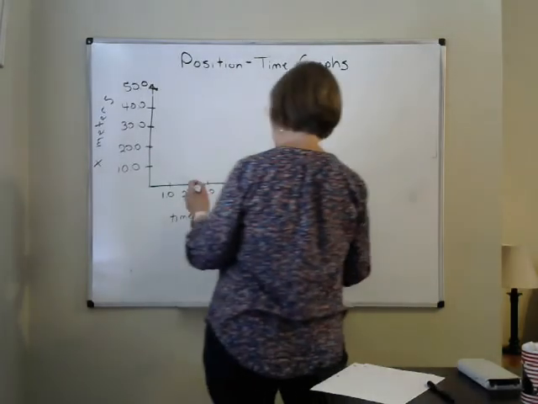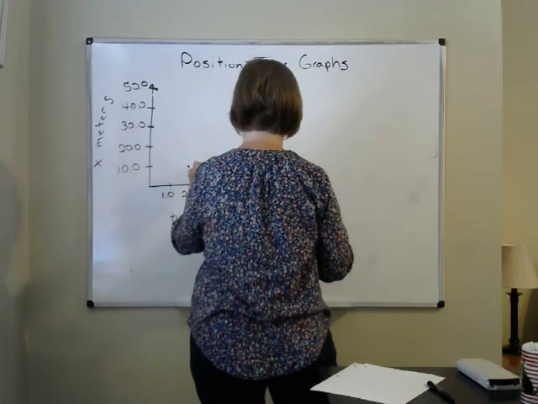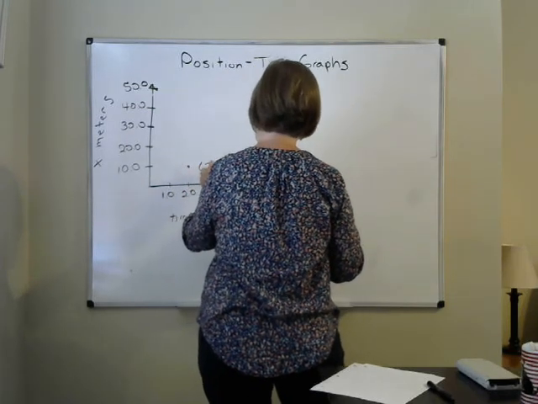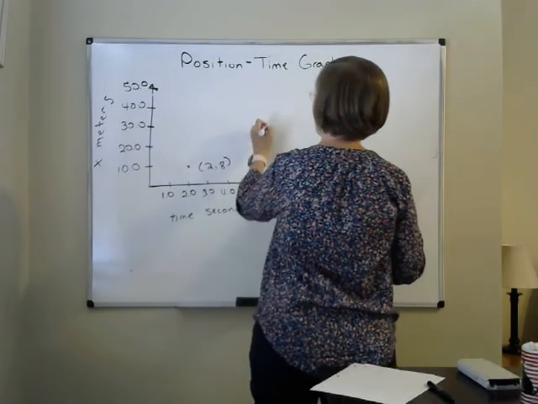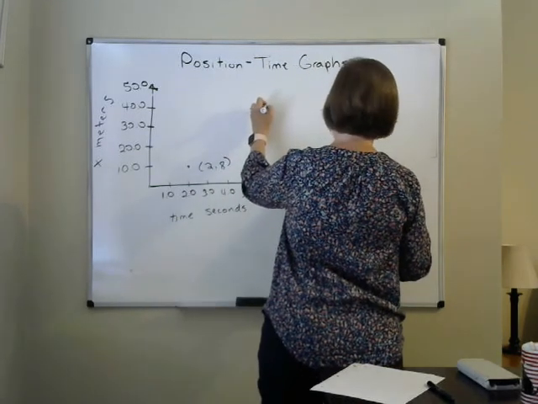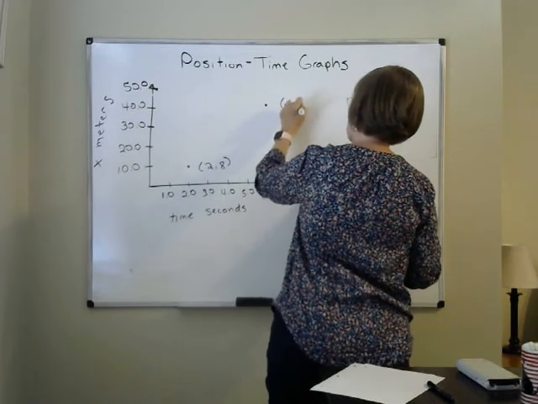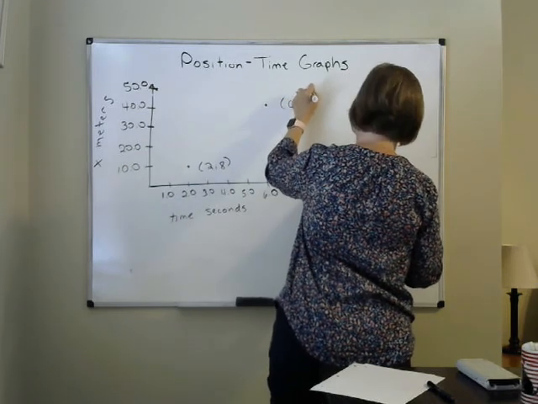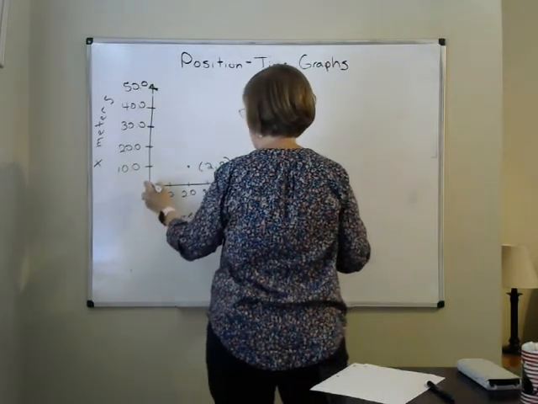And suppose that we've got an object. I'm going to label that point 2, 8. And I'm going to label this point 6, 40. But the actual graph of the motion might look something like this.